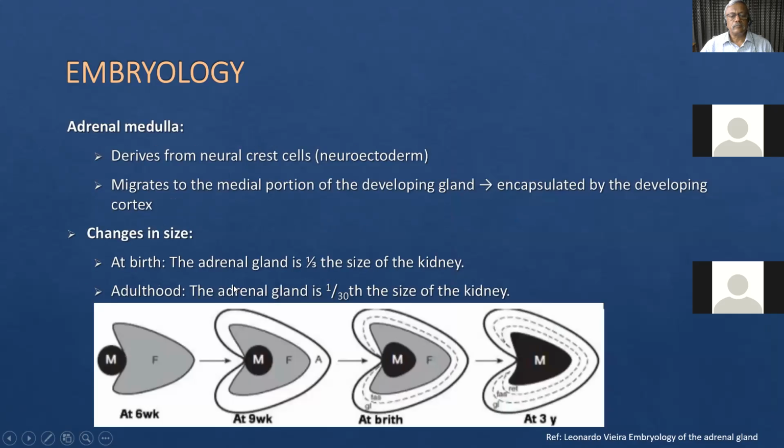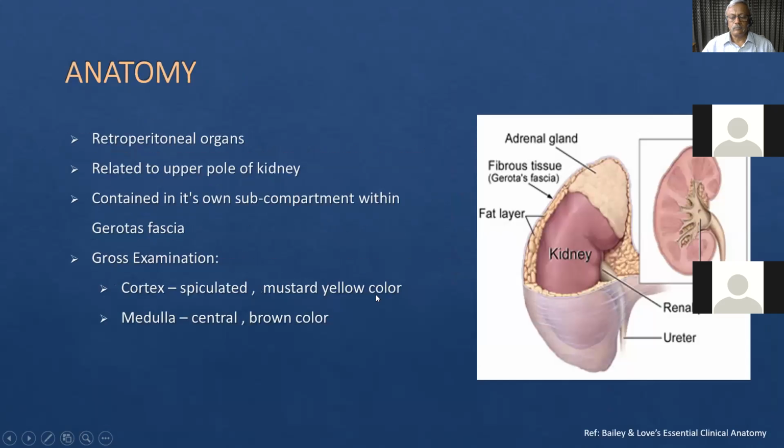These are the changes in the size of the adrenal gland. At birth, the size of the adrenal gland is around one third of the size of the kidney, and during adulthood, the adrenal gland is one thirtieth the size of the adult kidney. The adrenal glands are a pair of retroperitoneal organs related to the upper pole of the kidney, and these are contained in their own subcompartment within Gerota's fascia.